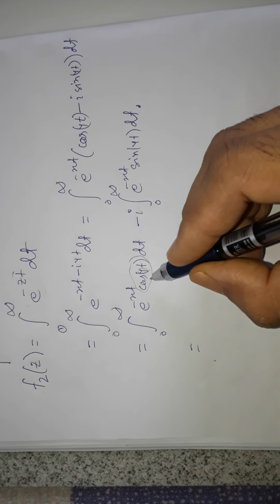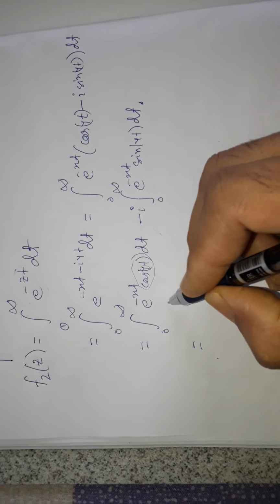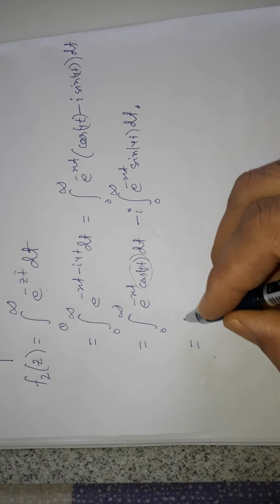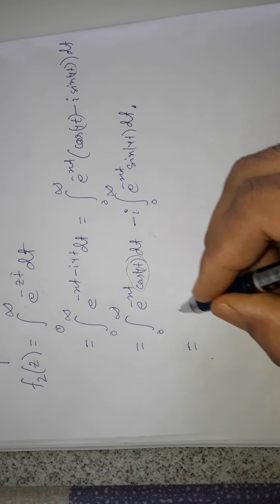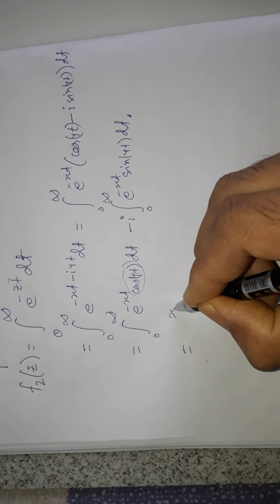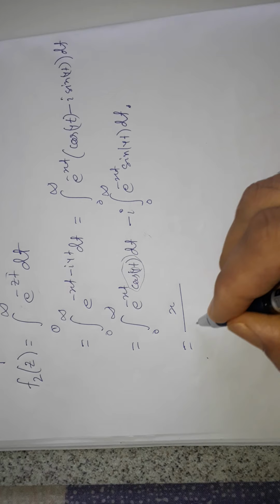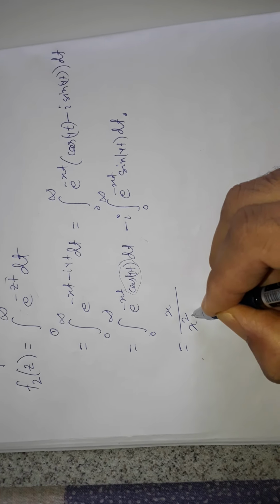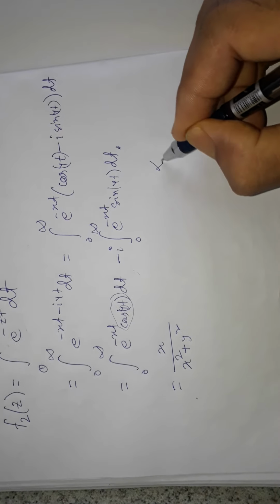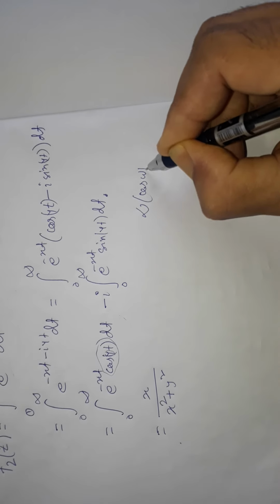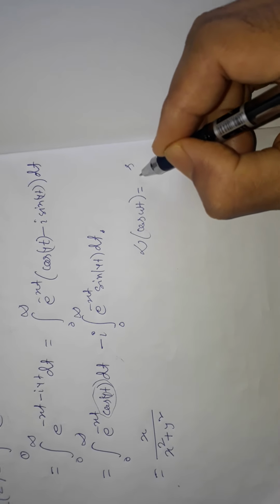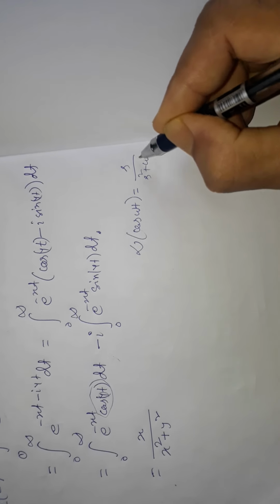What is the value of this Laplace transformation? It is x, that means s, over x square plus y square, because I know that the Laplace transformation of cos omega t is s by s square plus omega square.